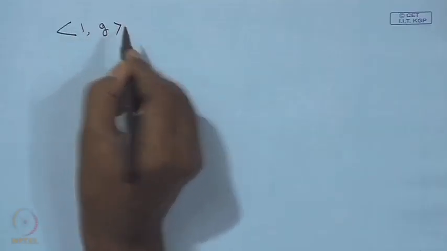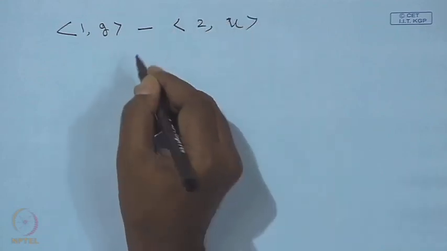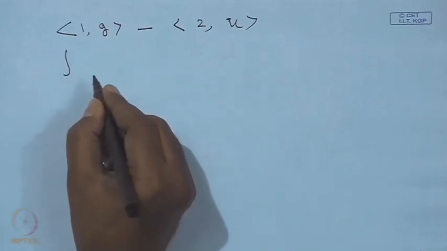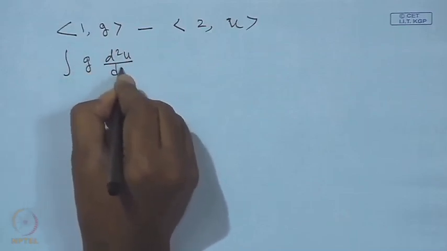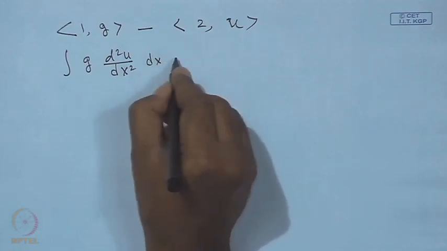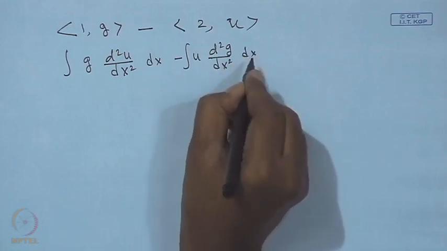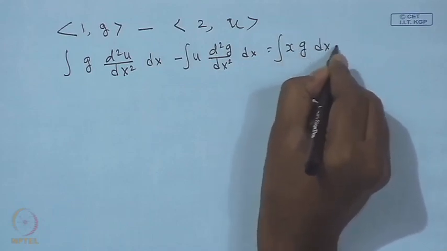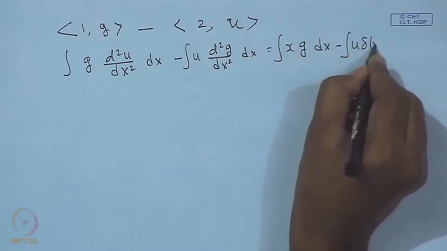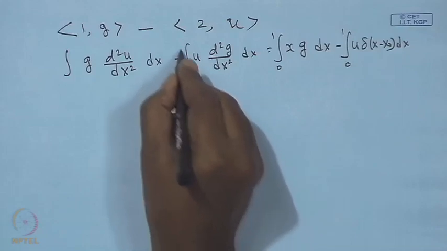If you do that, inner product for continuous functions is nothing but an integration: integral of g times d square u dx square dx minus u d square g dx square dx is equal to integral of f of x times g dx minus u delta x minus x naught dx. All this integration is over the domain of x from 0 to 1.